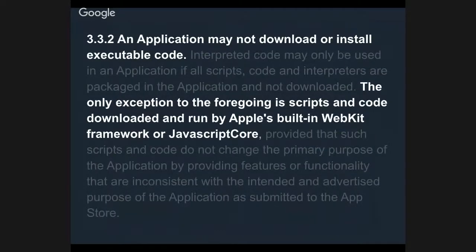This is from the developer license agreement. The top line says an application may not download or install executable code, and then a bunch of stuff. The only exception to the foregoing is scripts and code downloaded and run by Apple's built-in WebKit framework or JavaScript Core. Taking a step back, the way that React Native is run is on a separate thread, as we mentioned before.